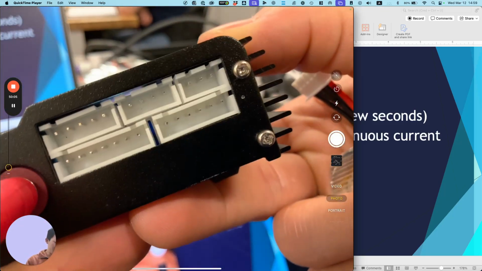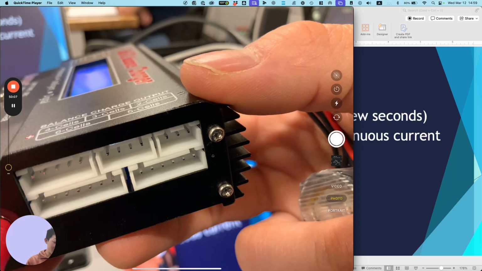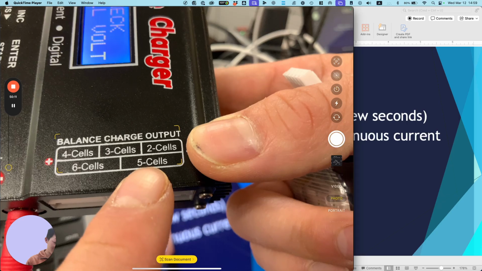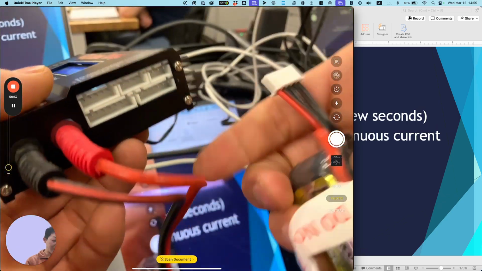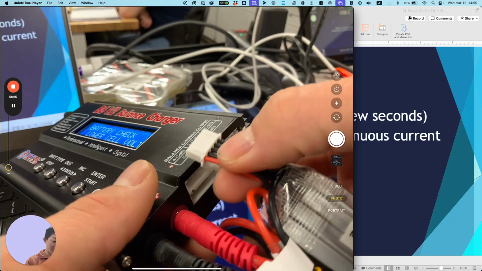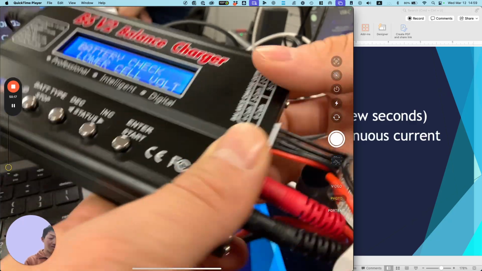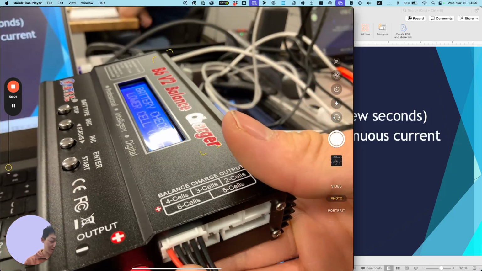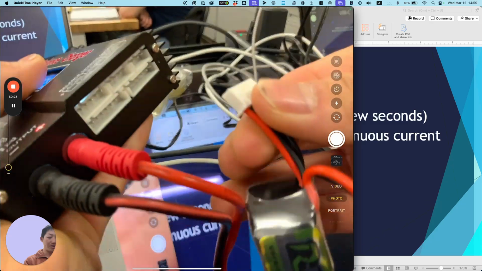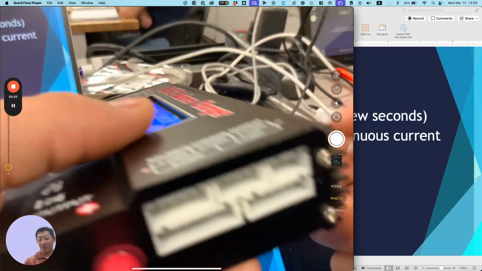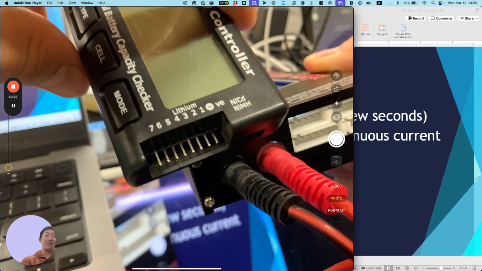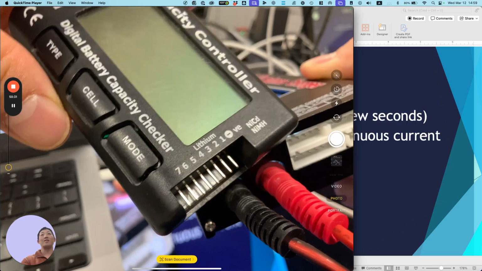So we have all these different ports, and it depends on the number of cells you have. How many cells do we have here? 4, so it's going to be the top left. So I'm going to plug this in. Okay, 4 plus 1 wires. Yeah, so you can see 4 plus 1 wires. If this isn't labeled, because sometimes you'll find something like this, it gives you all of the wires in one place to save space.